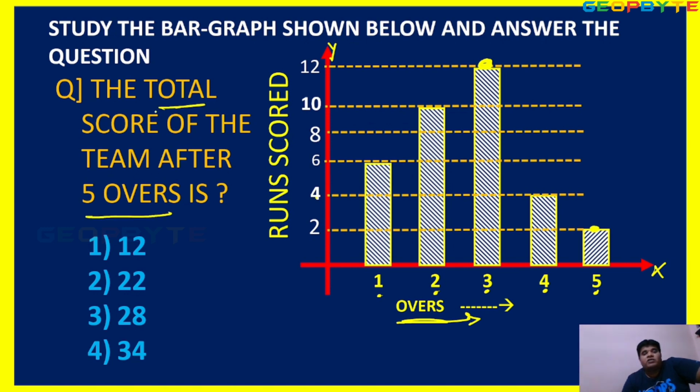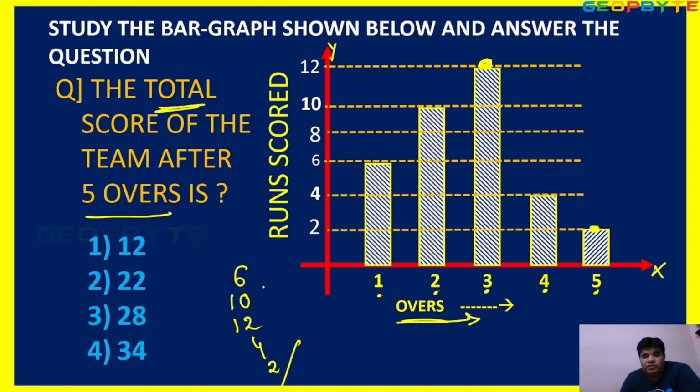Total score means add all the values. In the first hour 6, in the second hour 10, in the third hour 12, the fourth hour 4 runs, the fifth hour 2 runs.